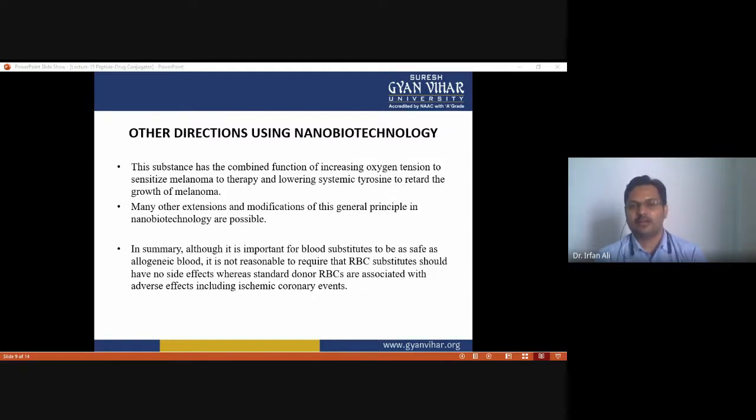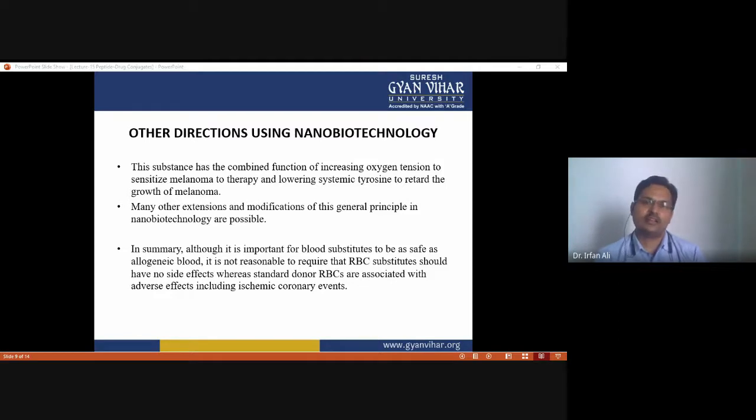One example is a study conducted by the researcher of another soluble nano-dimension complex of polyhemoglobin-tyrosinase. This substance has the combined function of increasing oxygen tension to sensitize melanoma to therapy and lowering systemic tyrosine to retard the growth of melanoma. And many other extensions and modifications of this general principle in nanobiotechnology are possible.